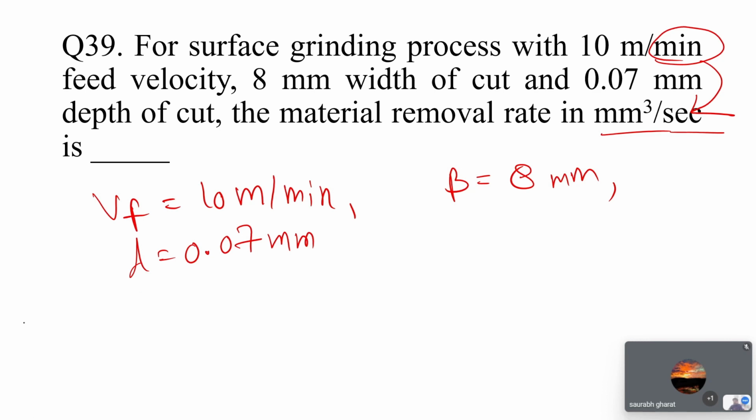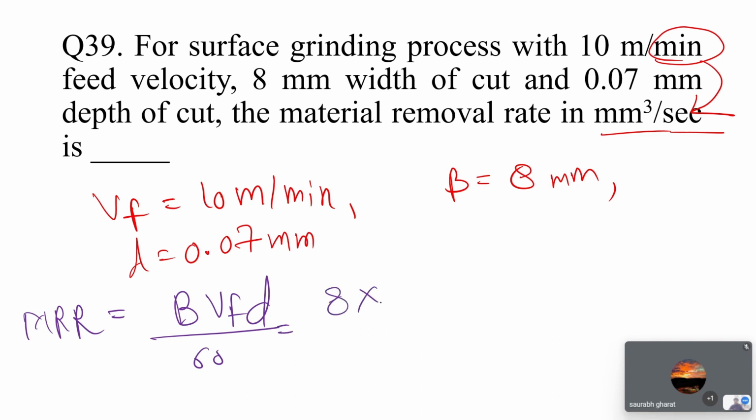Okay, so your MRR is equal to B into VF into D divided by 60. What is your B here? 8 millimeters, and your VF is 10 into 10 raised to 3, divided by 60, because it is the width into your depth of cut.